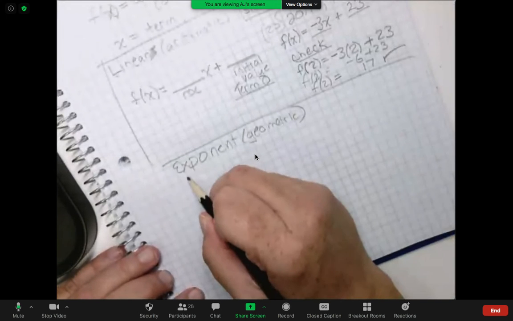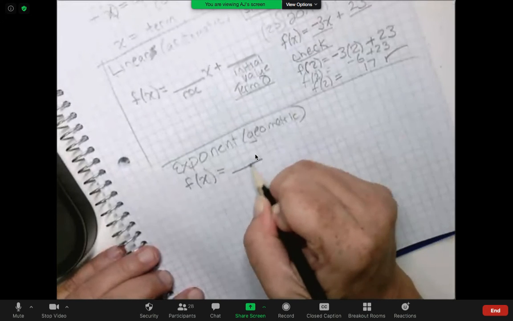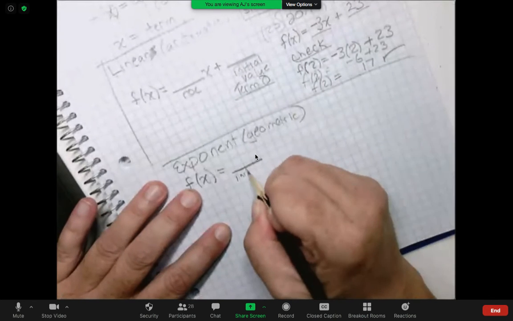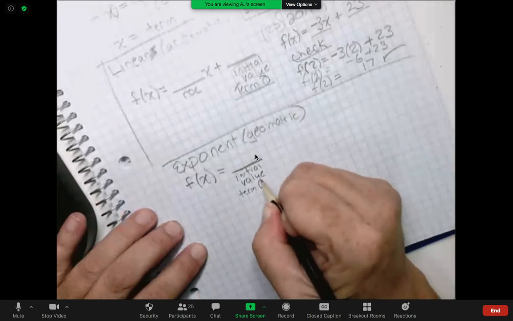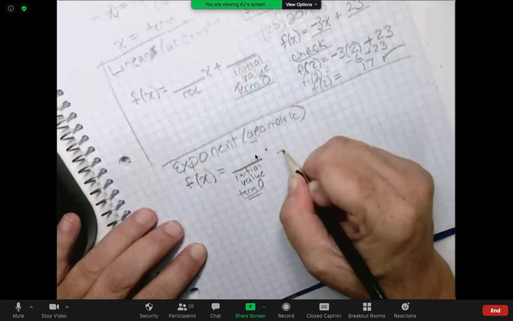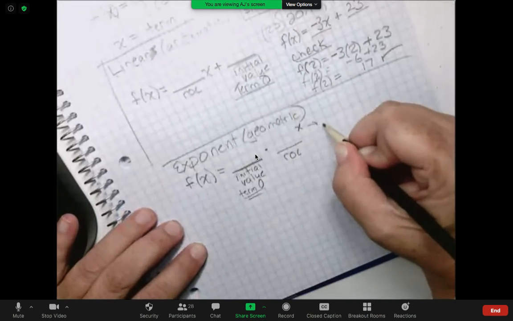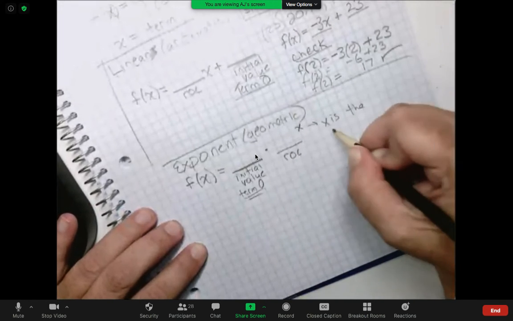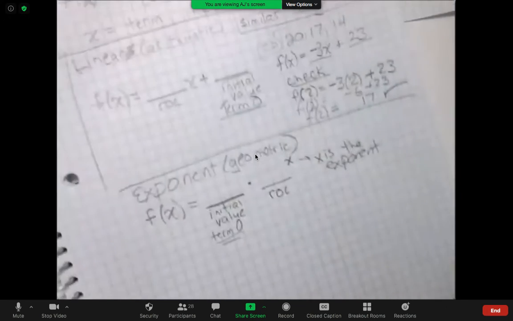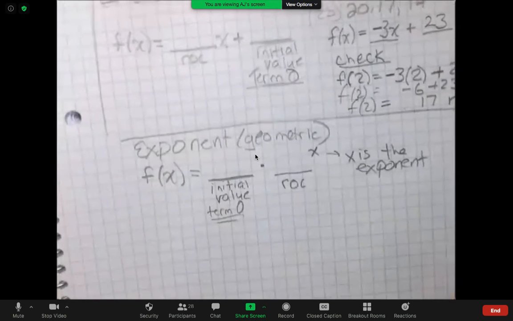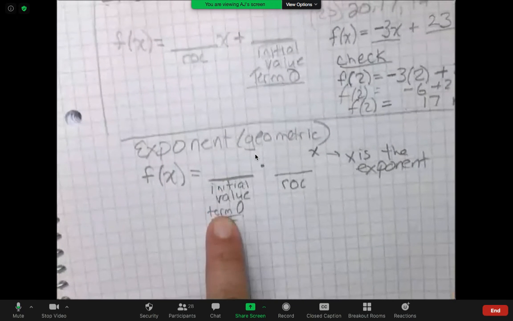And I'll write the frame again, the formula. Okay, so for exponential, you start with the initial value.